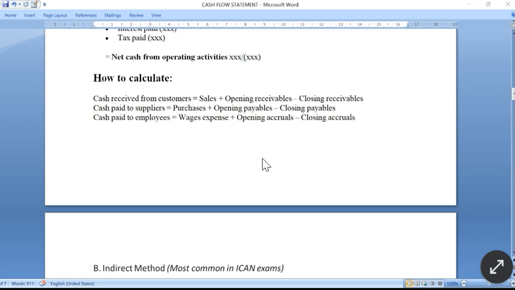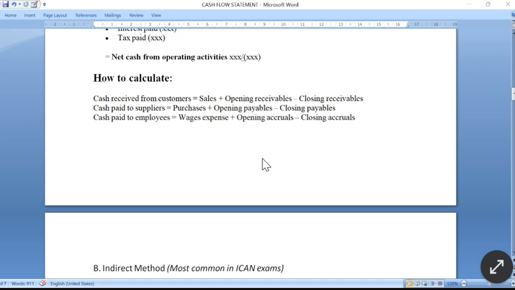And then you have your cash paid to employees. And that is usually your wages plus opening accruals. Accruals means the amount that you have accrued that you have not yet paid. The one you are owing your employees, you have not yet paid, minus your closing. So, if you want to know it in a short way, cash received from customers is sales plus net receivables. Cash paid to suppliers is purchases plus net payables.